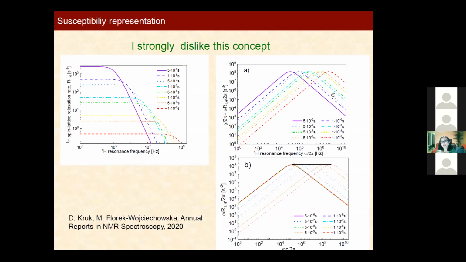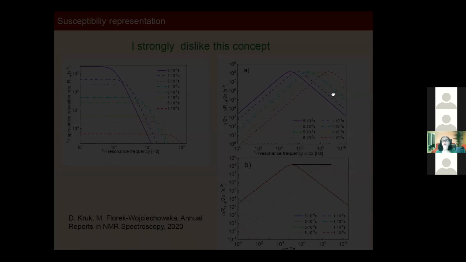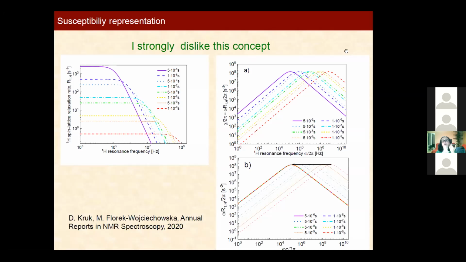So in principle, this more or less says that you get a certain relaxation rate for shorter correlation time, and you would get the same relaxation rate for longer correlation time, however, at lower frequency. So the product omega tau is the same. And if such curves overlap, one sometimes calls them a master curve.